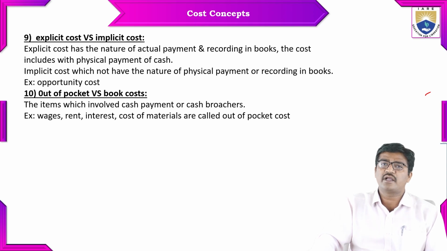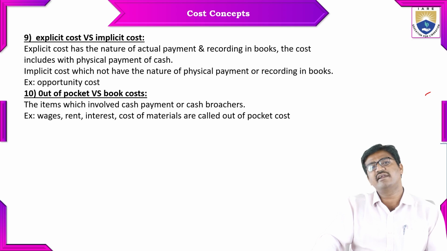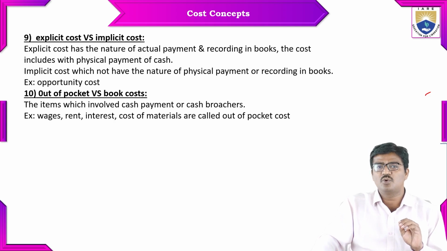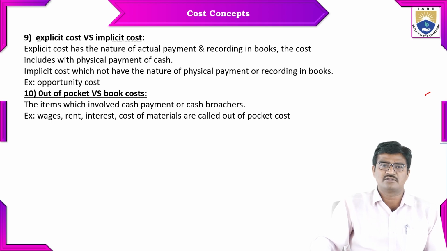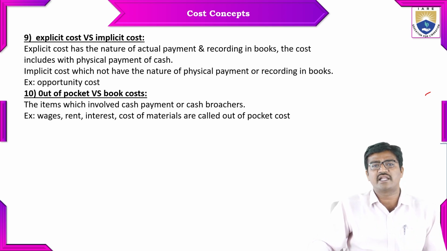Whereas in out of pocket cost, only physical payment of cost exists, but you are not able to record it in books of accounts. And in book cost, you write it in books of accounts, but you do not make a physical payment with respect to these costs. Physical receipt or payment does not exist.